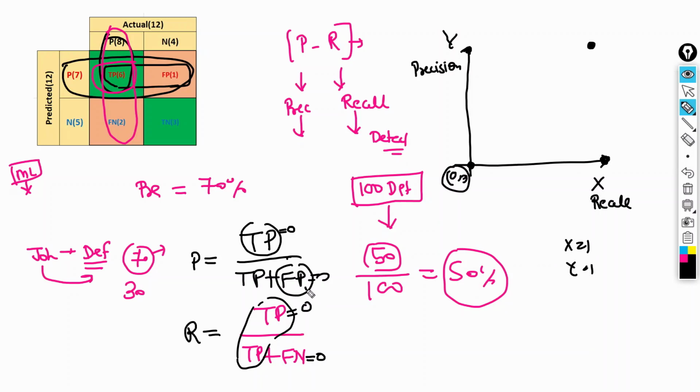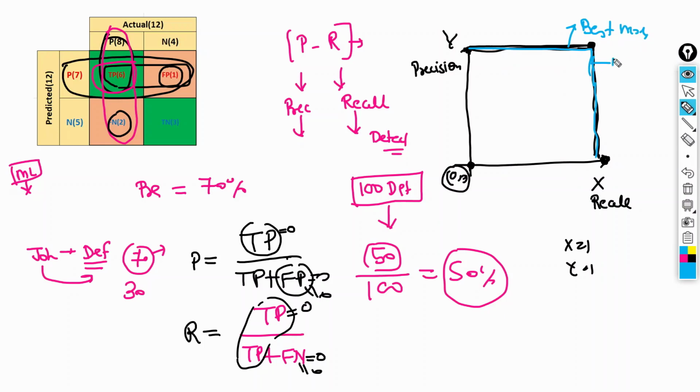It means FP is 0 and FN is 0. Both the false positive and false negative will be 0. In that case my model will be the best. This particular line is the best model line.